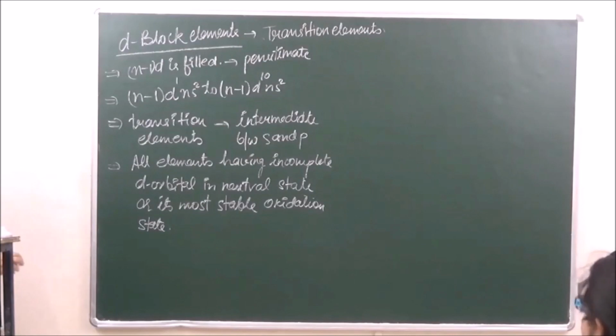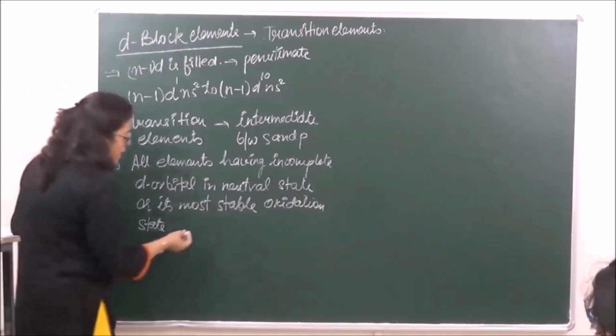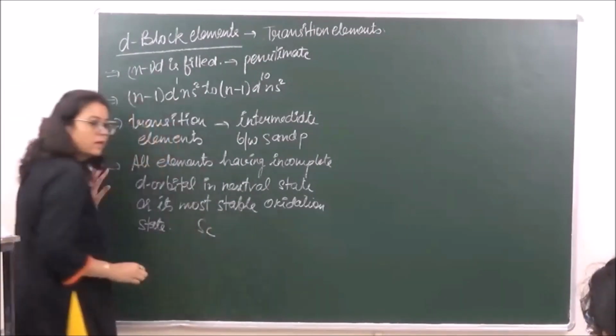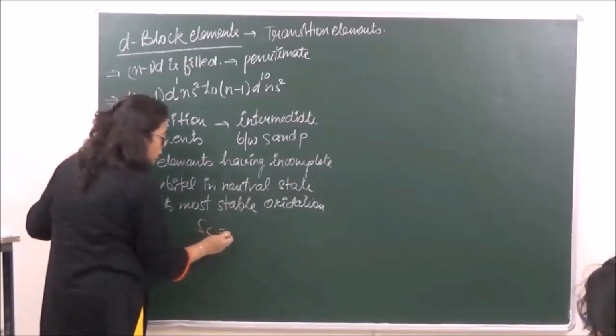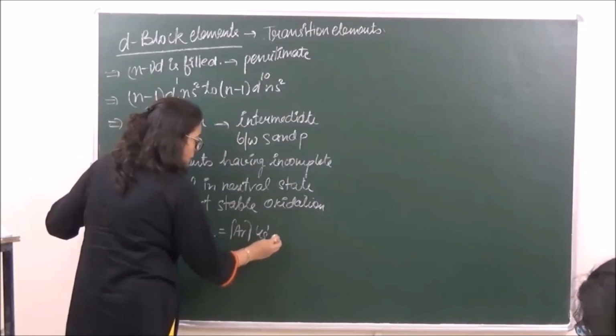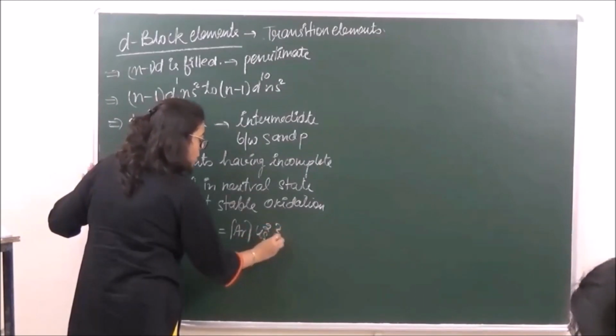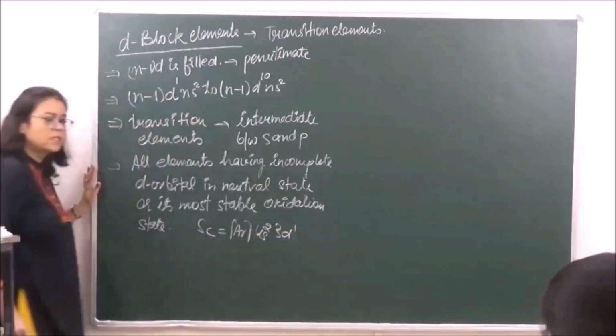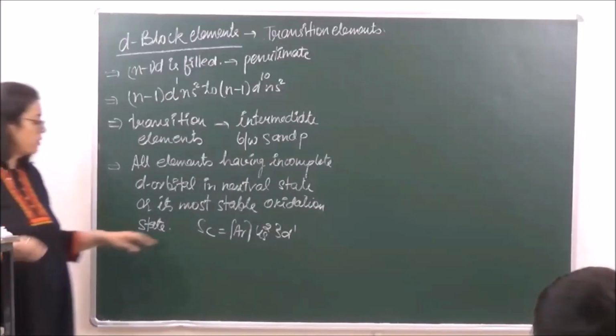Just for example, if we are taking scandium, the outermost electronic configuration of scandium is argon 4s2 3d1. This is how we write the electronic configuration.